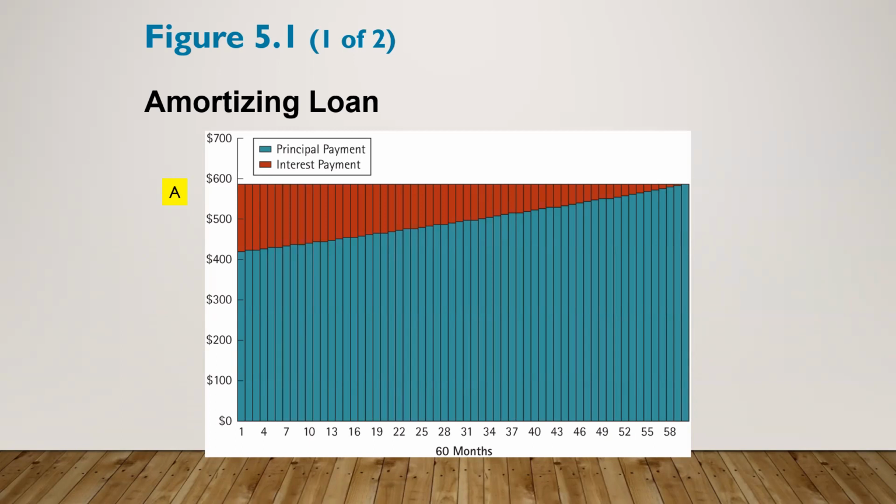Here, in the red, you see the interest payments, and the remaining portion, which is in the blue, is the principal payment, the remaining principal payment.